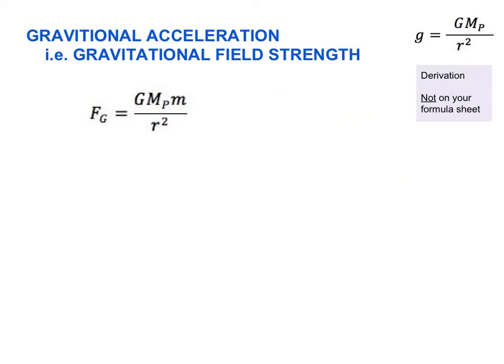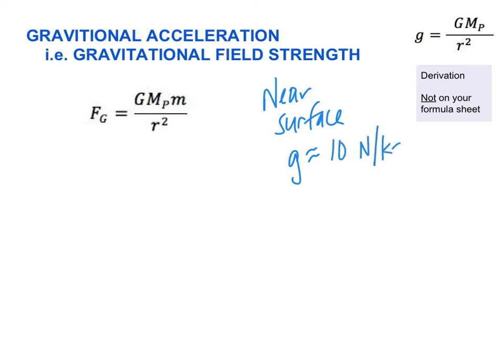All right, so how does your weight vary? How could we come up with a different way of thinking about our g? If you're near the surface of the Earth, it's still correct to say that g is approximately 10 or 9.8 newtons per kilogram, or that the acceleration of an object near the surface of the Earth is still 10 meters per second squared.